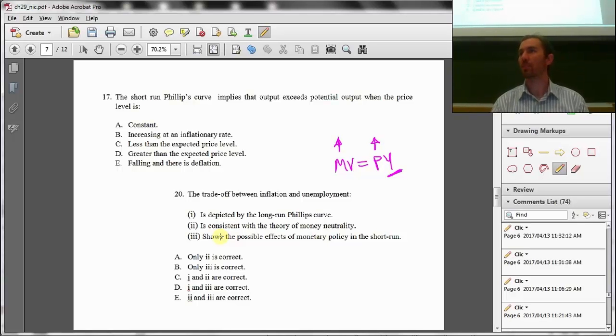If it's unexpected, it leads to an increase in output, an increase in prices, a movement along a short-run aggregate supply curve. A movement along a short-run aggregate supply curve is synonymous with a movement along a short-run Phillips curve. And a short-run Phillips curve is a demonstration or an illustration of the trade-off between inflation and unemployment. Any questions there? Anything that you want me to clarify?